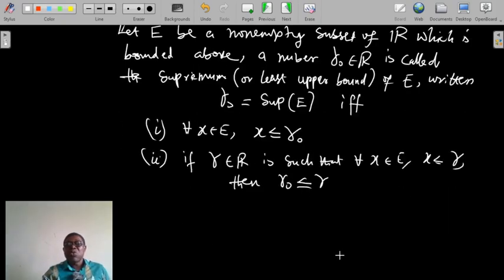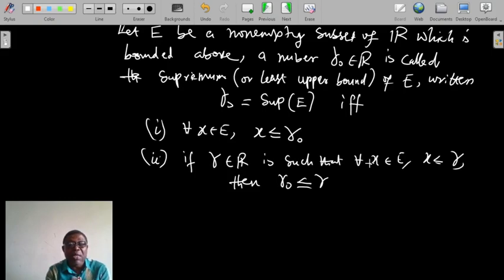This is what makes gamma naught the least upper bound of E, or the supremum of E. That is to say that if gamma is any other upper bound of E, then gamma naught must be less or equal to gamma, meaning that gamma naught is smaller than every other upper bound of E. The first one is telling us that gamma naught is an upper bound of E. This one is telling us that it's smaller than every other upper bound of E.